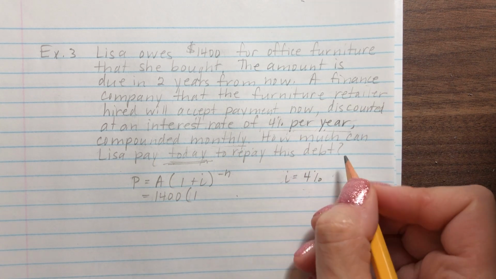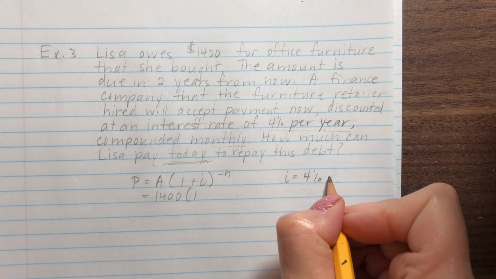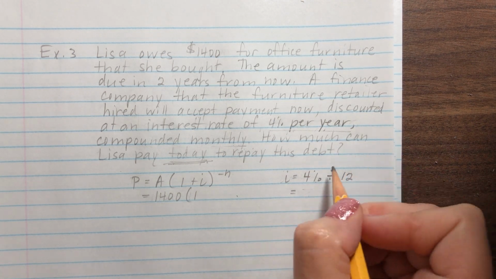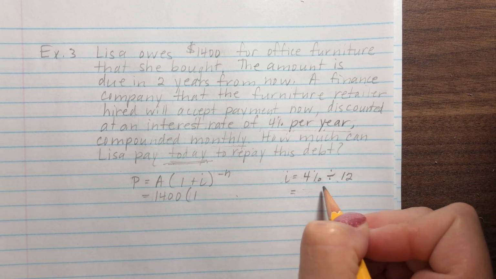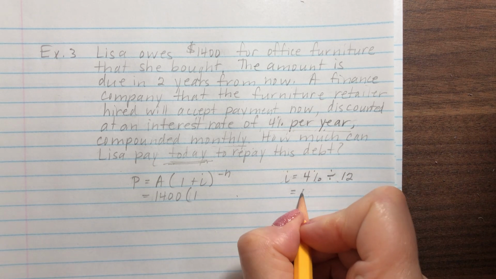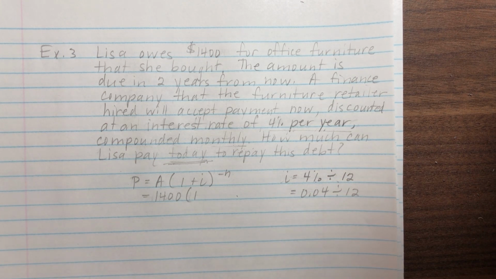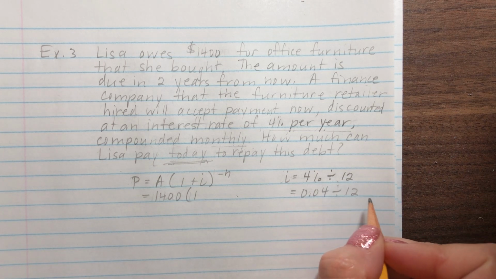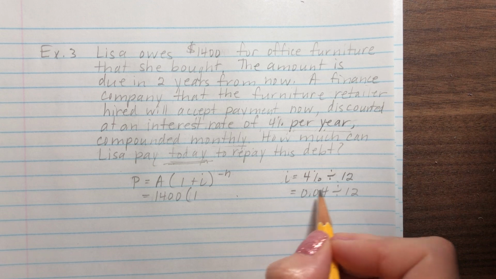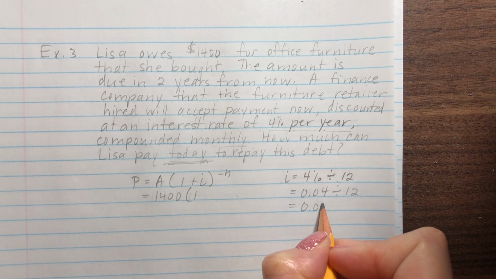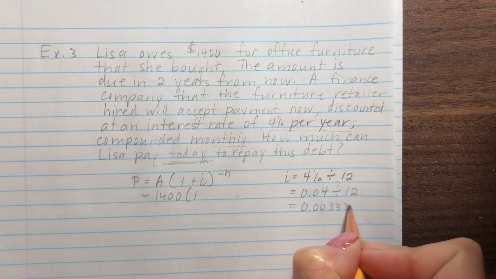So if it's compounded monthly, the frequency will be 12 times a year. 4% expressed as a decimal is 0.04. When 0.04 is divided by 12, you get a repeating decimal of 0.00333333.